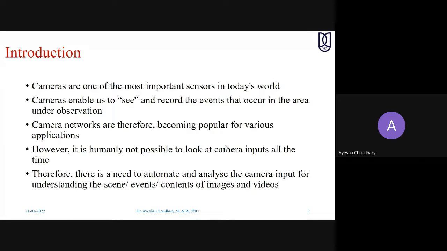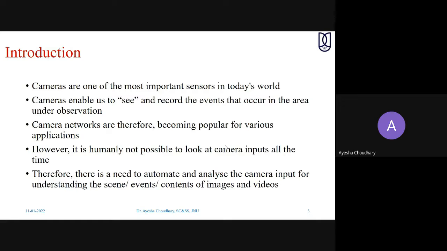So what is the camera really giving us? It is enabling us to see and record events that occur, and therefore we have a lot of information that we can reuse. It could be on the personal front, looking at your own memories, or professionally, like this lecture, you want to go back and see what is happening.